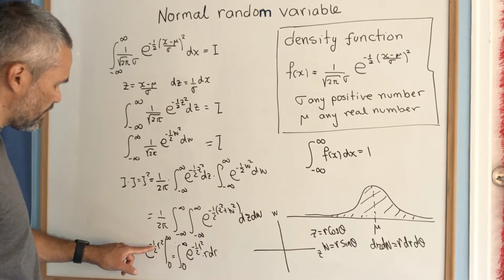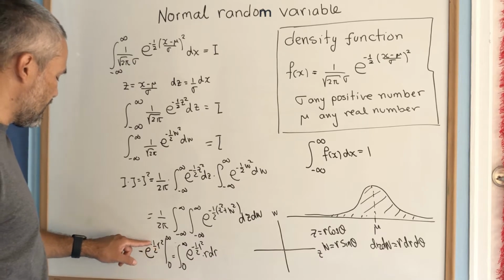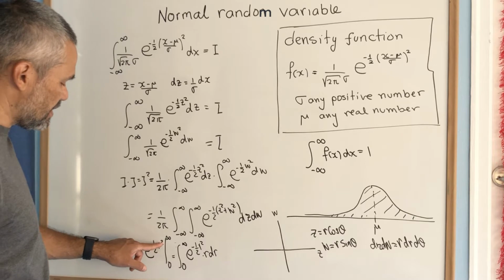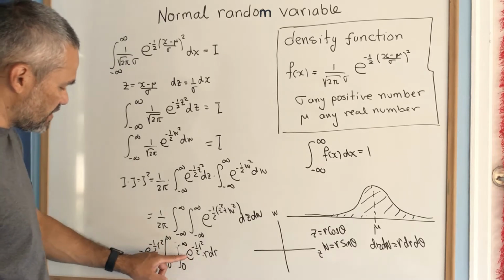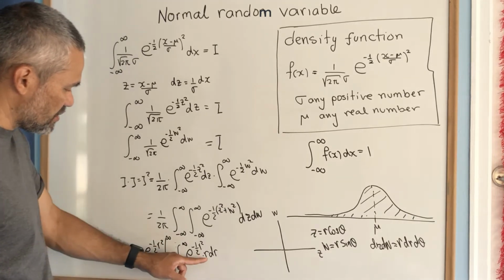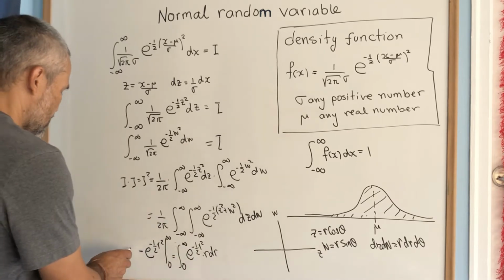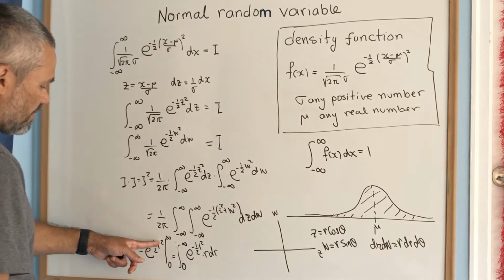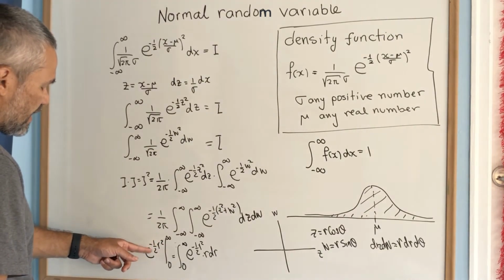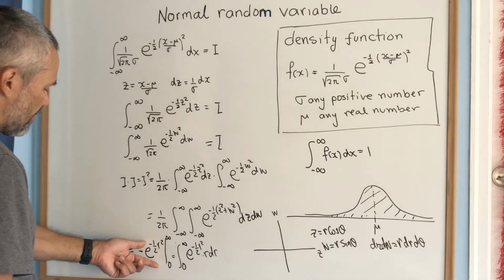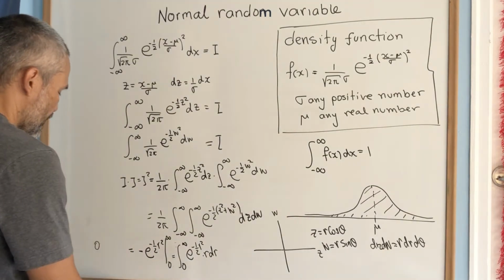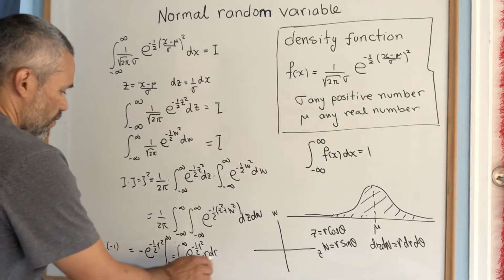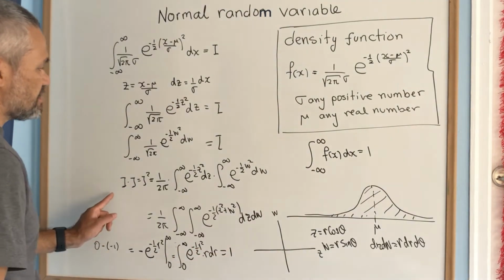Notice that when you take the derivative, the negative 1/2 comes down and cancels the negative, then the inner derivative is 2r, and the 1/2 and the 2 cancel out, giving us this r. When you evaluate at infinity, you are computing a limit, and when r is very big, since it's multiplied by negative 1/2, this number becomes very small, becomes 0. And when you evaluate at 0, you get minus negative 1, which is 1 as expected.